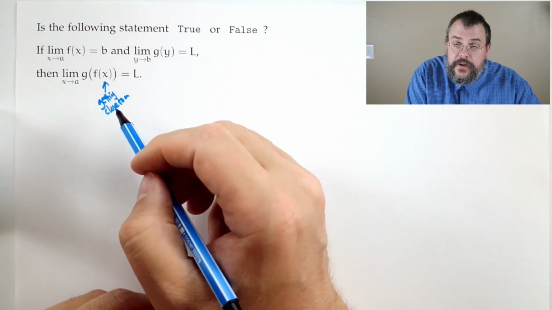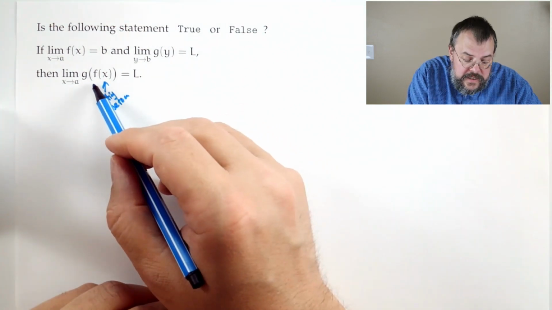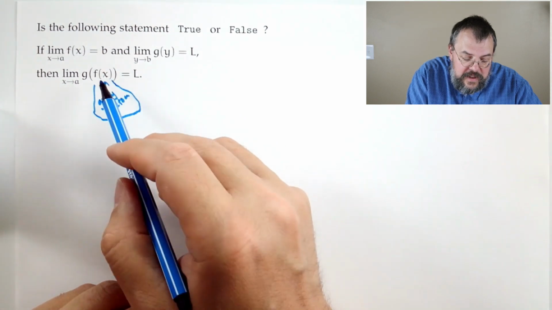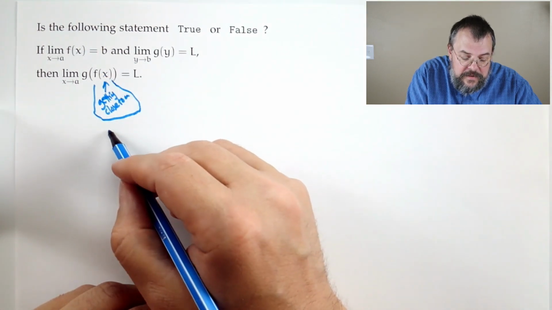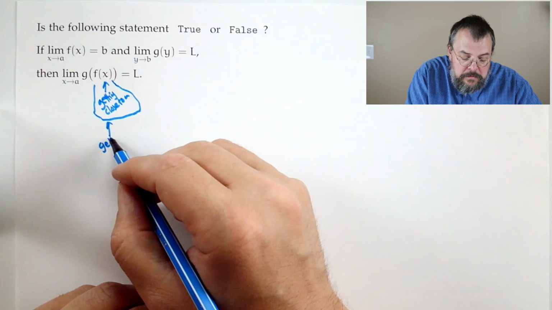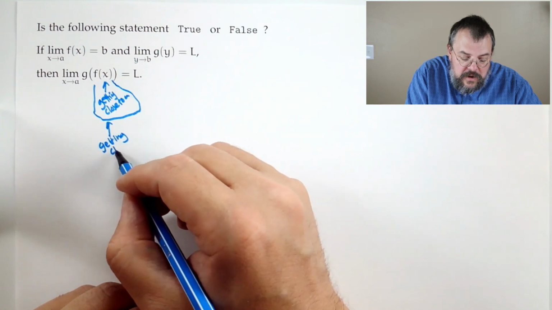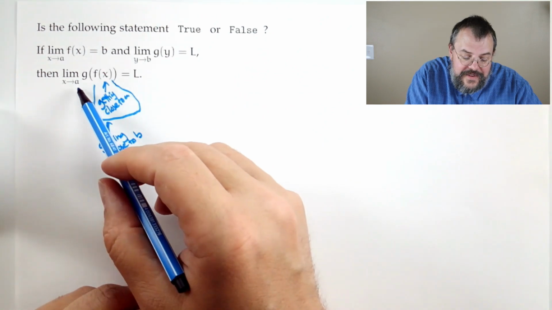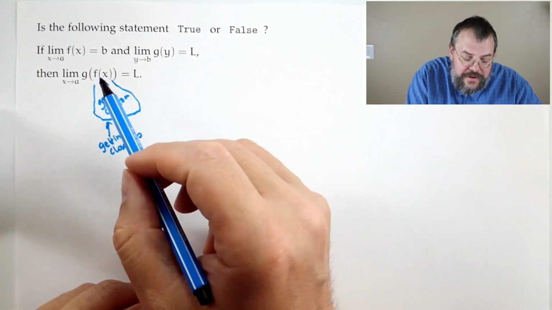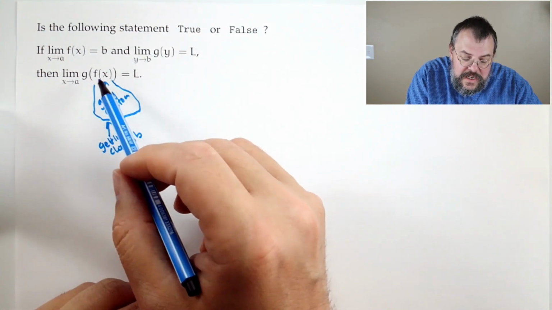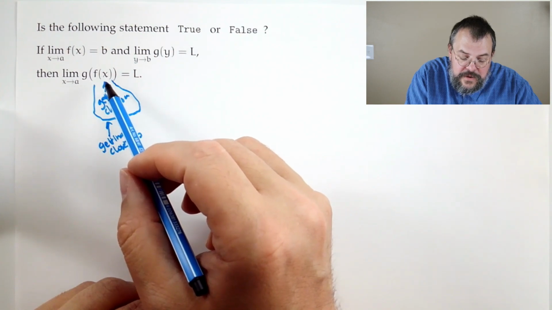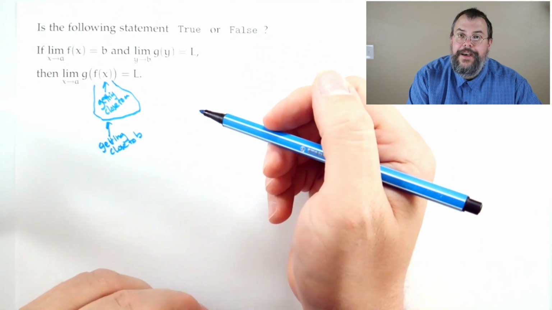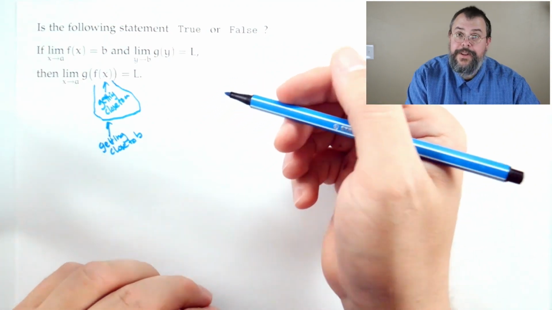All right, so far so good. The next layer is the f of x layer. Since x is getting close to a, f of x is getting close to b. Now, the last layer: if the input is getting close to b, then g of something close to b is getting close to L.